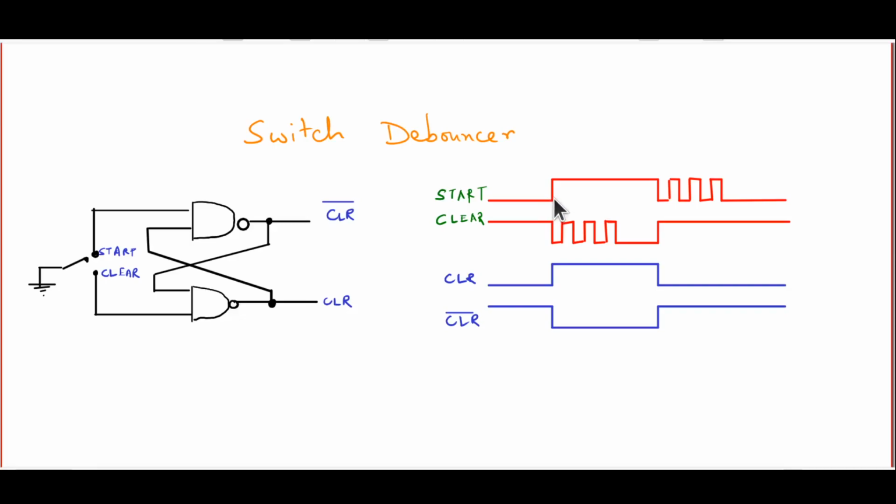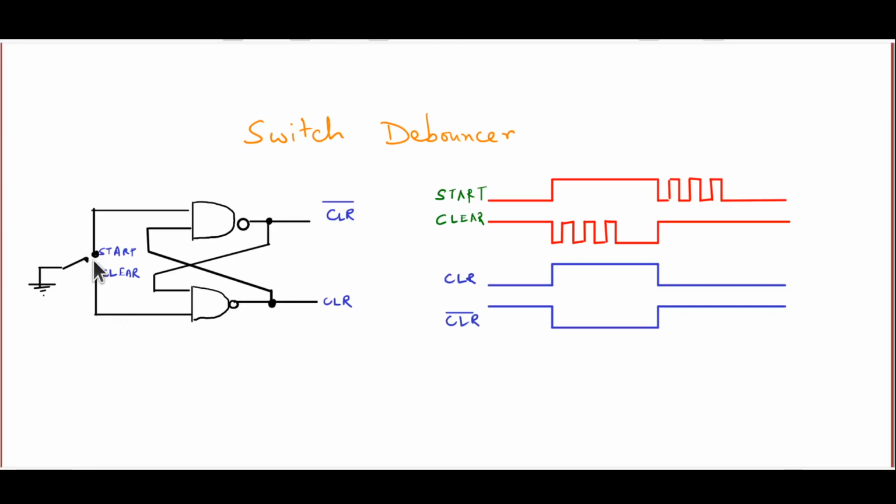The moment the key is thrown, the start junction becomes floating, so it goes high. And the moment the key makes contact, the clear junction goes low. So of course, when that happens, it's easy to see that CLR will go high and CLR bar will go low. However, that is not the end of the story.